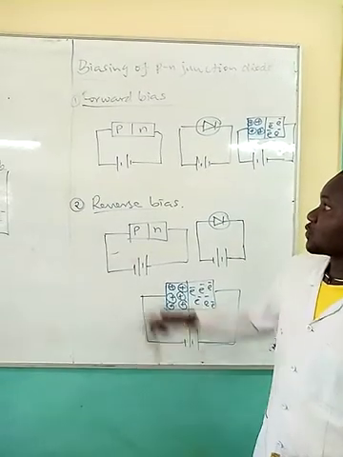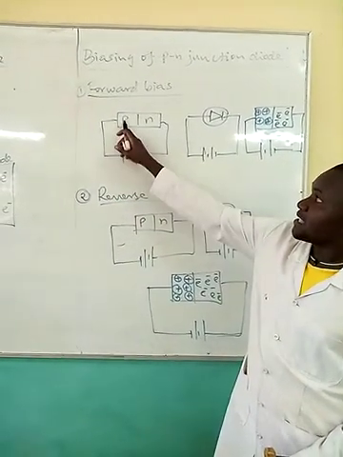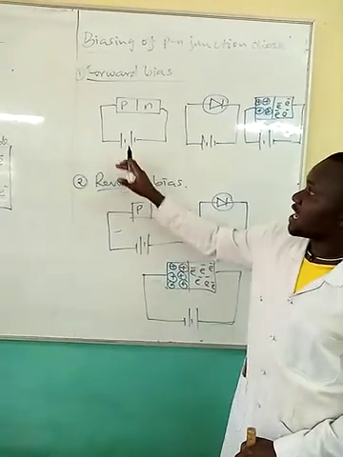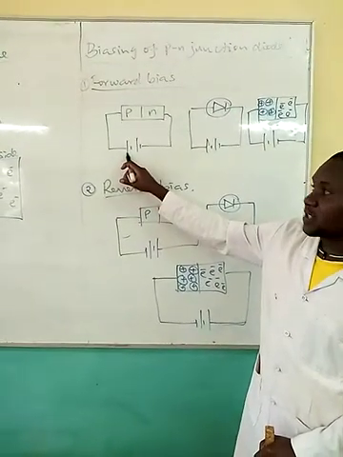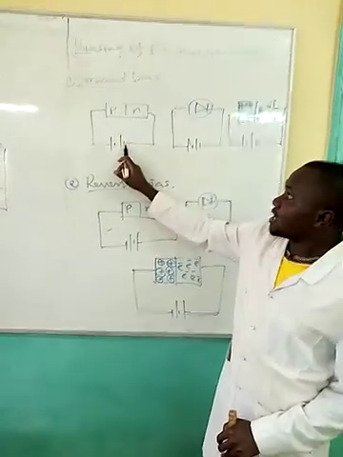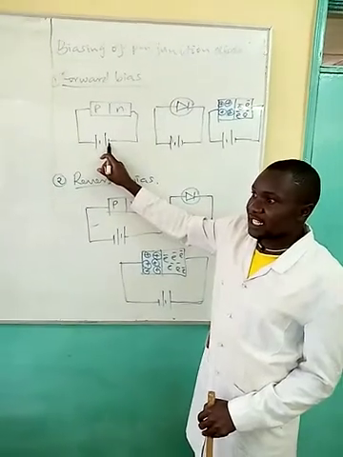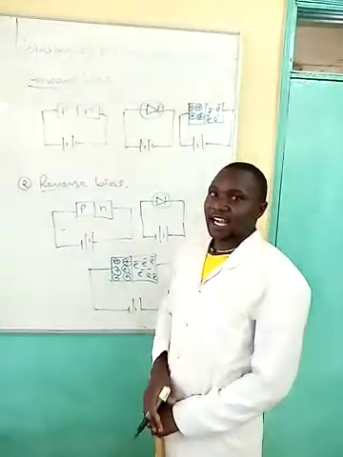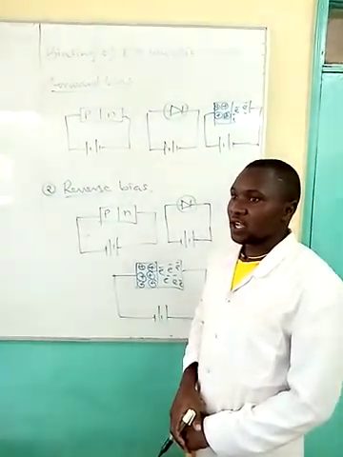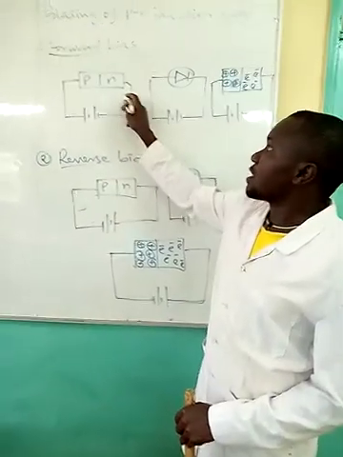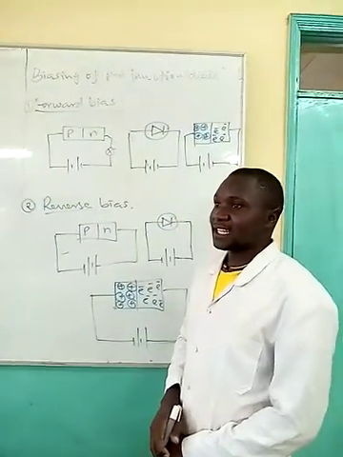Forward biasing is whereby the P side of the diode is connected to the positive terminal and the N side connected to the negative terminal. In that case, current will be able to flow. And if maybe we connected a bulb, then the bulb will light.